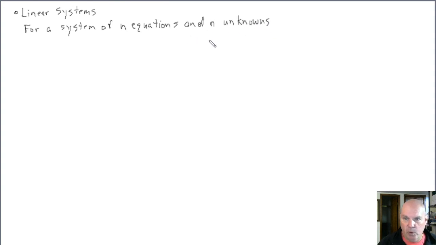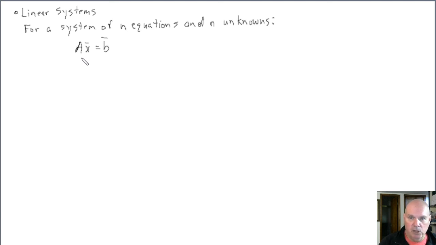It has to be a square system with the same number of equations as unknowns, and we put that restriction on here because the inverse of a non-square matrix does not exist. So it's this n equations and n unknowns that results in a system matrix A that's square, or n by n.